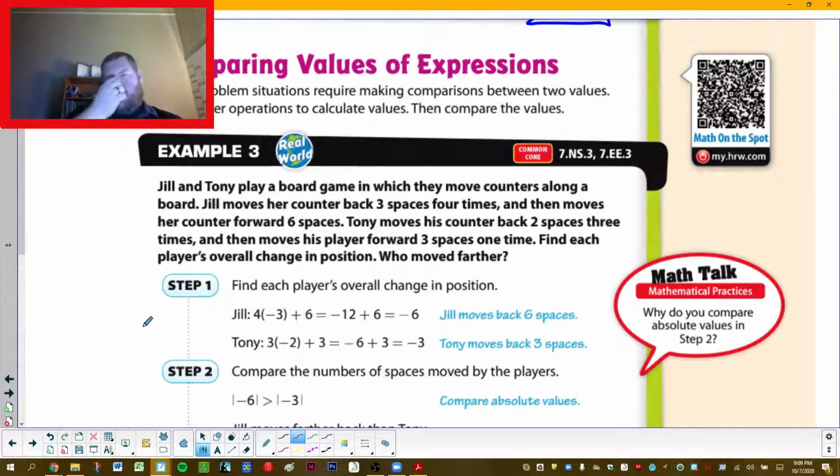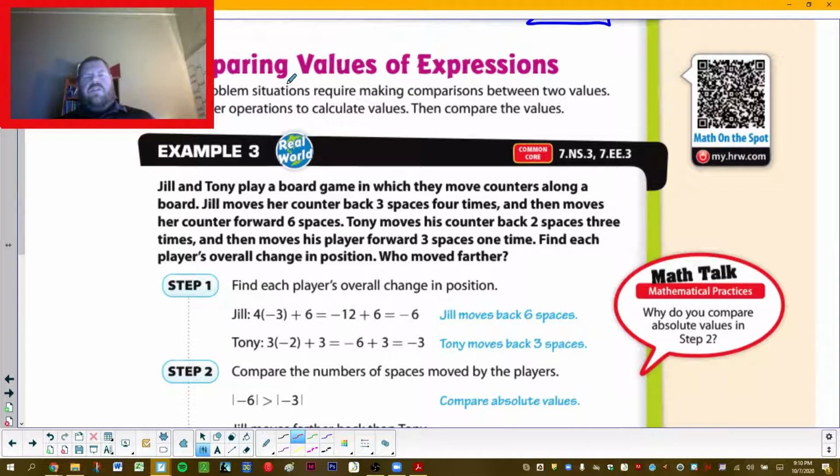Jill moves her counter back 3 spaces 4 times. That's kind of confusing, but we'll look at it. And then moves her counter forward 6 spaces. Tony moves his counter back 2 spaces 3 times, and then moves his forward 3 spaces 1 time. We want to find each player's overall change in position and then figure out who moved farther.